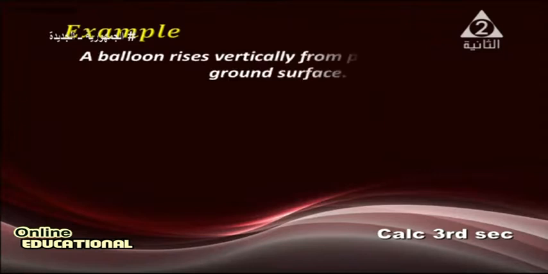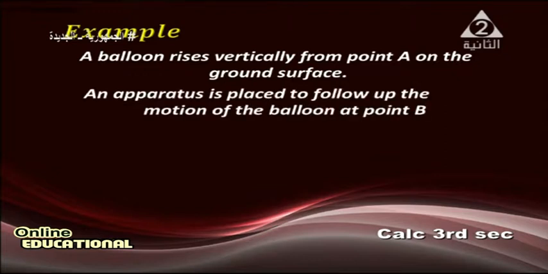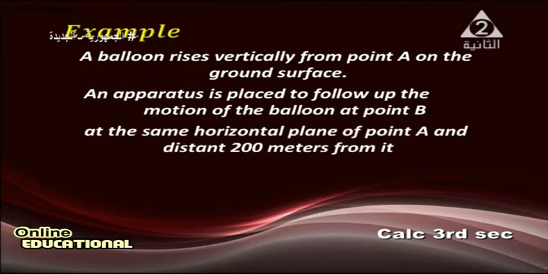Another example. A balloon rises vertically from point A on the ground surface, and an apparatus is placed to follow the motion of the balloon at point B, on the same horizontal plane as point A and at a distance of 200 meters from it.